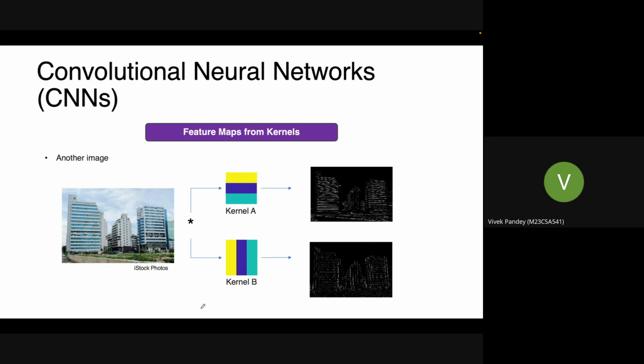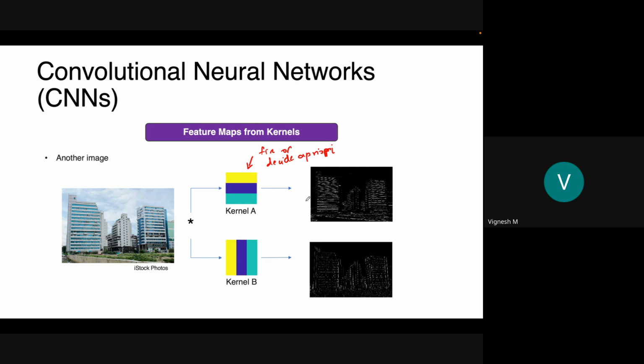We are trying to extract these features out to do something with them, right? So in essence, this is not something that we fix or decide a priori. This was just an illustration that such a kernel would give this.